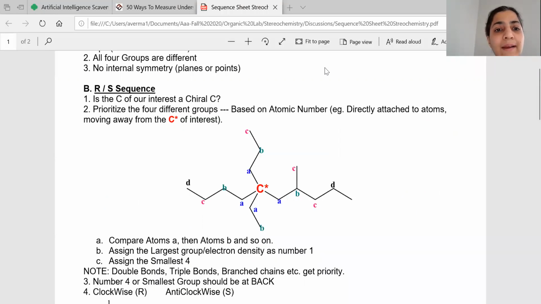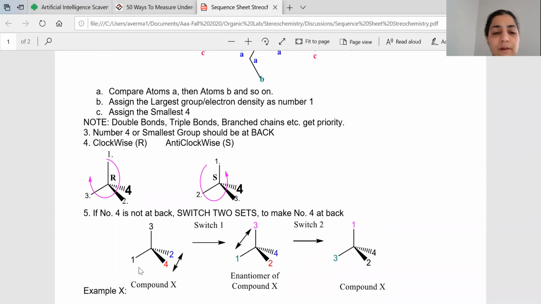So looking back, we see that we have fulfilled our first requirement, whether the carbon of our interest is chiral. We have also prioritized the 4 different groups based on their atomic number. And we have assigned the smallest group as number 4.